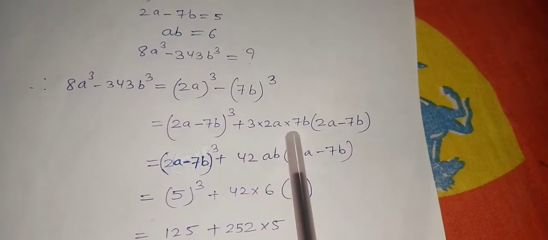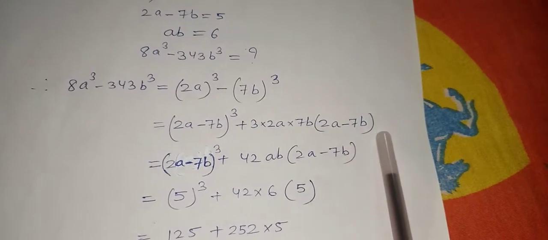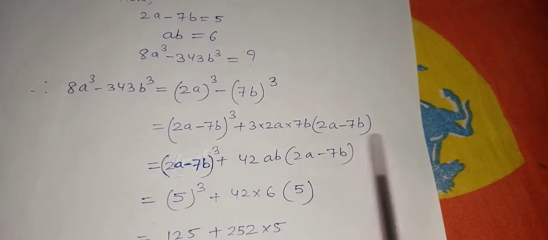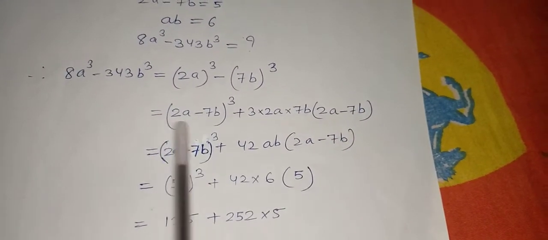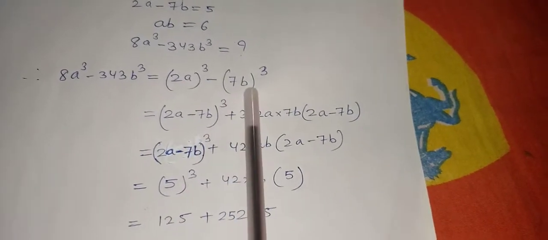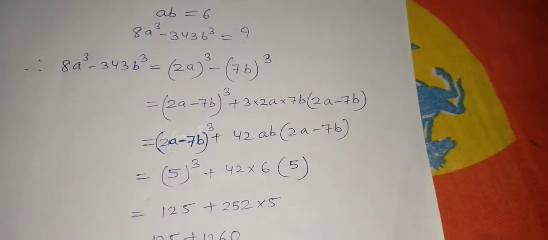Plus 3ab into 2a minus 7b, that is a minus b. So same formula I have written here, where a is 2a and b is 7b. So my formula is complete.